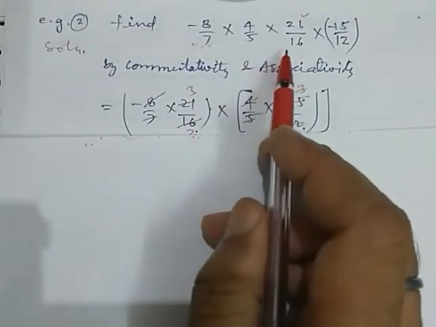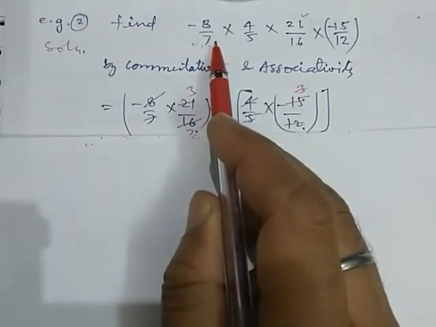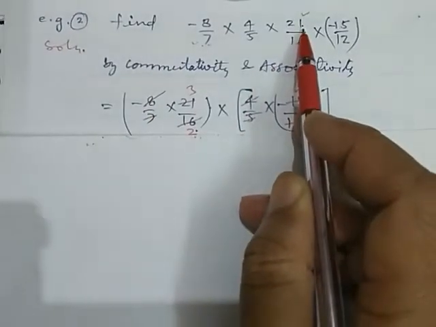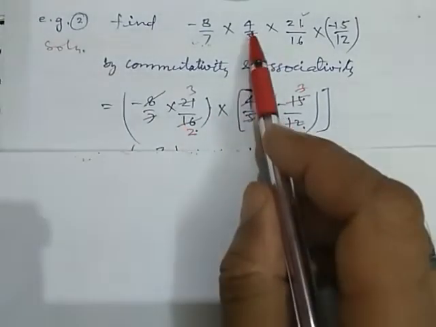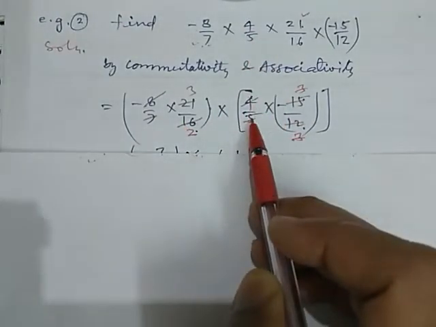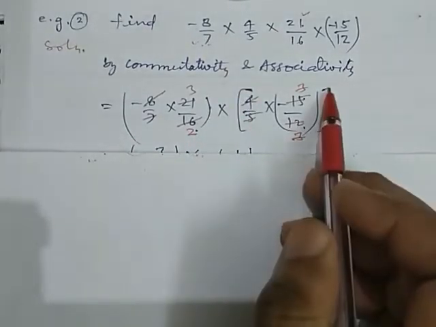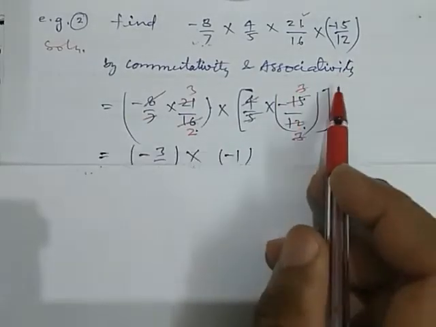So we use the commutativity and shift them: minus 8 by 7, then we write 21 by 16 here and 4 by 5 here, and associate both of these terms by associativity.